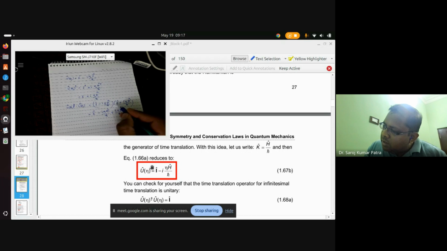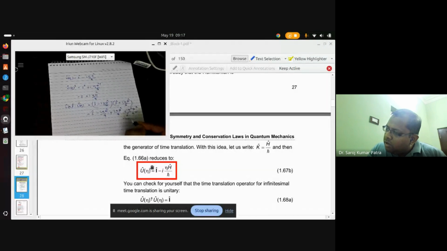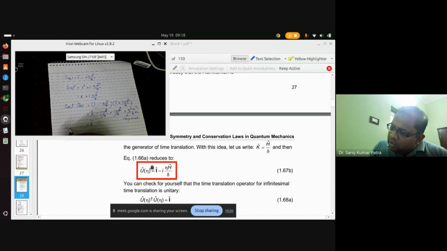Then if we multiply, it will be eta squared h squared by h cross squared, right? But eta squared is very small. It's a very small time translation. So we can neglect this one, and these two cancel with each other. So we are left with I. So that means u eta dagger into u eta is equal to identity. Is this clear?